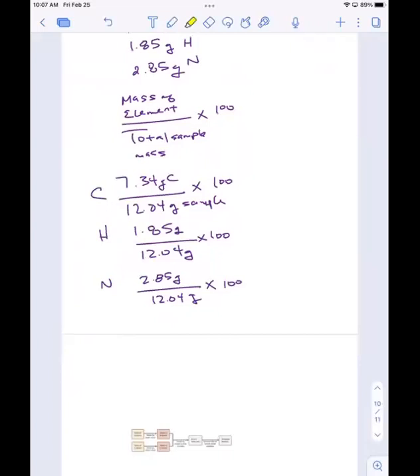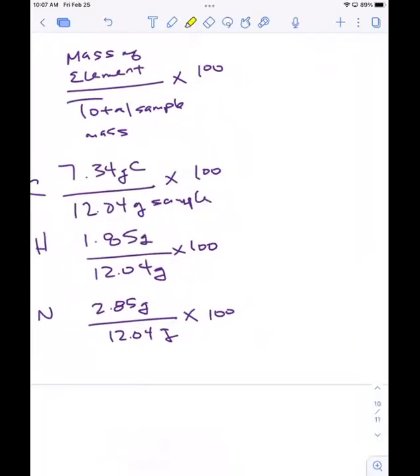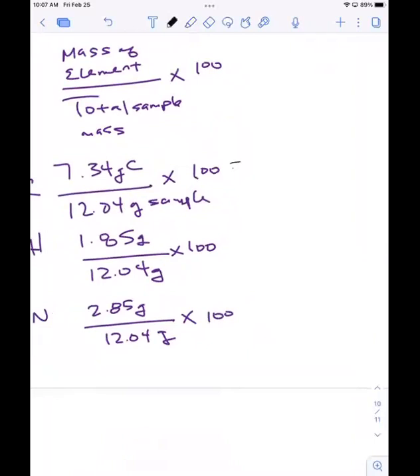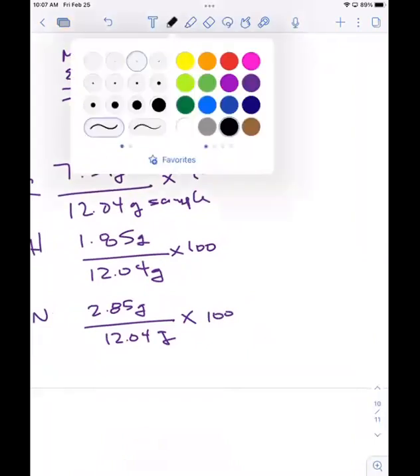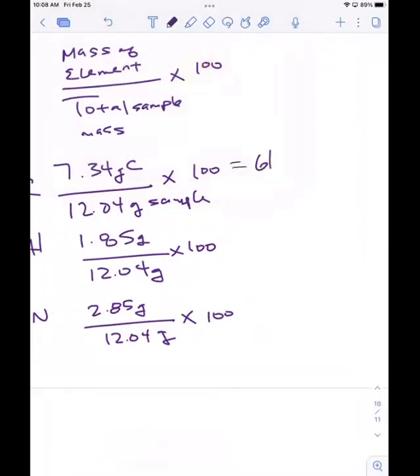So if we take that top number, 7.34 divided by 12.04 times 100 is 60 point, we'll say 61%. We'll see what the other ones add up to. So this is 61%.